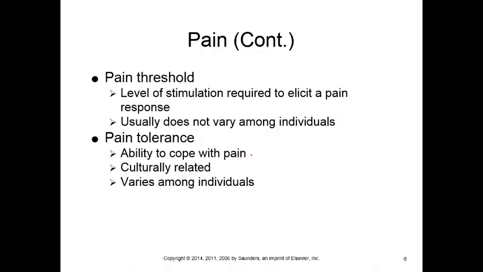You just need to know that it varies culture to culture. When you get stung by a bee, you might cry and boo-hoo. Someone else, it still hurts them, but they just might grimace.